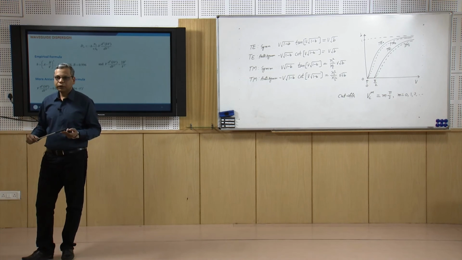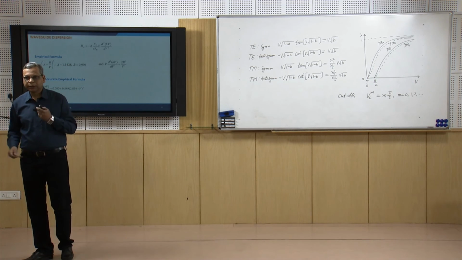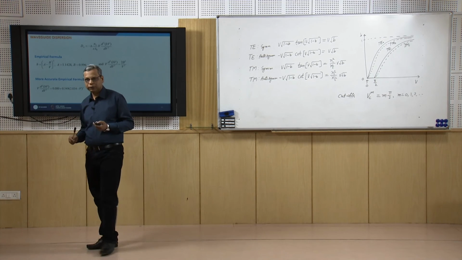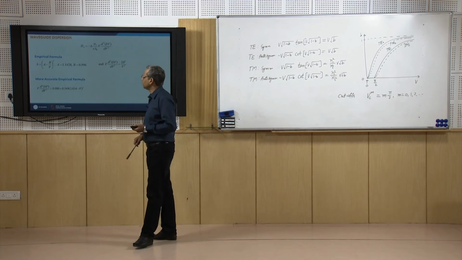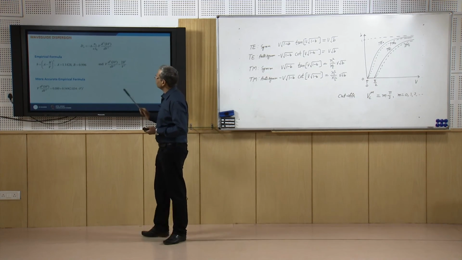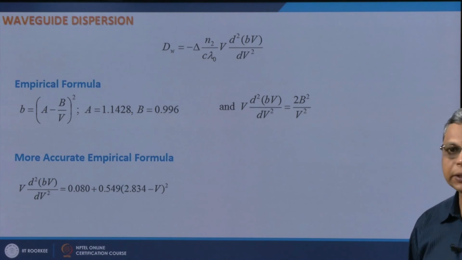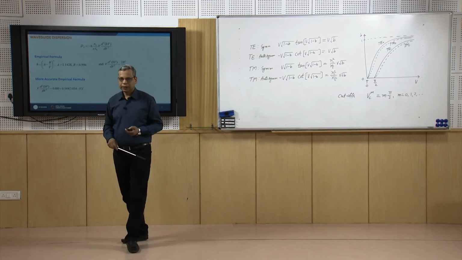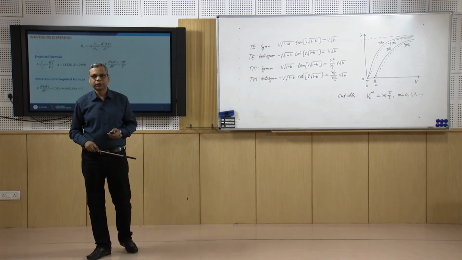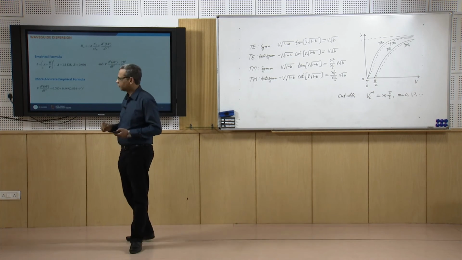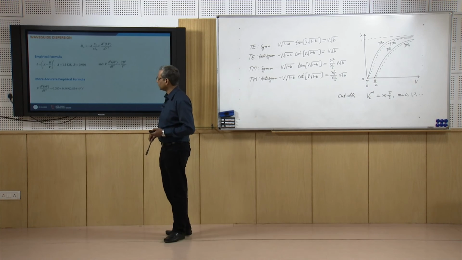When you use a single mode fiber, intermodal dispersion is diminished. So we get rid of intermodal dispersion, but then there is another dispersion, the waveguide dispersion, which comes from the dependence of the mode propagation constant of the fiber mode on wavelength.